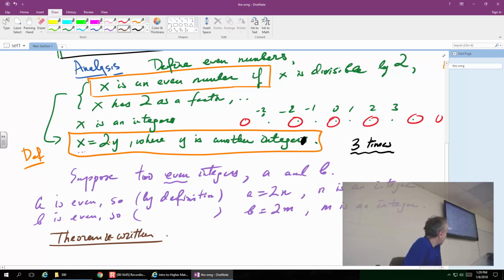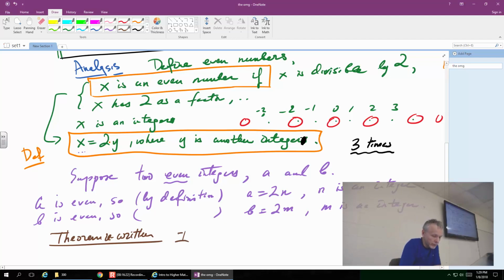All theorems, we're going to talk about that a lot, all statements of mathematics are if-then statements. There's a condition, first if, then the condition, then the conclusion.